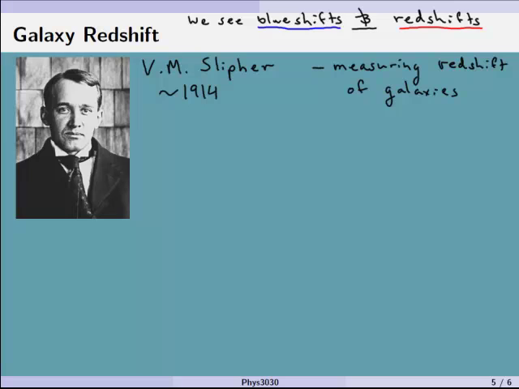Okay, so we see blue shifts of galaxies, and when galaxies are spinning, and this will come up later, one end of it might be coming towards us, and the other end of it might be going away from us. So we see a blue shift on one side and a red shift on the other. So we do see blue shifts, but we're going to talk a lot about red shifts. And again, most of the things that are really far away from us, we see red shifts. So V.M. Slipher measures these red shifts of galaxies. And unfortunately, no one really believes him.